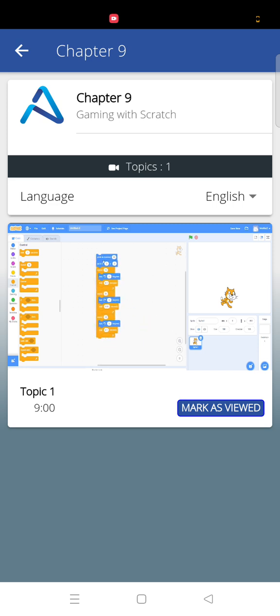Now let's execute this block and see what happens. Now we can observe that the sprite, that is our cat, is moving like a pendulum, right?